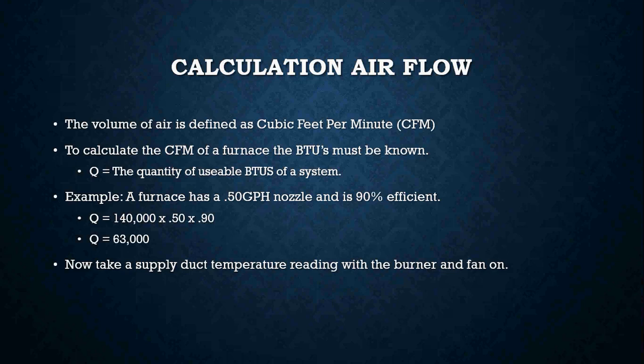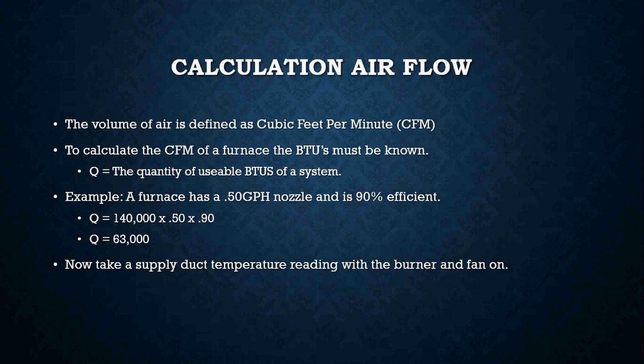Okay? Once we figure out how many CFMs we need to move across our heat exchanger, our combustion chamber, we have to take a couple of readings. The first thing that we're going to be taking is the supply duct temperature.